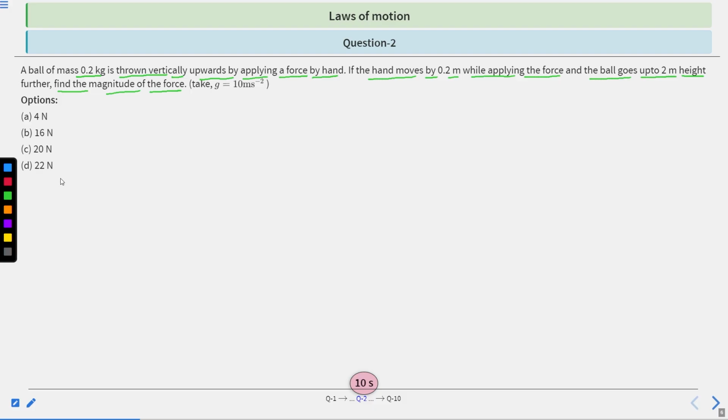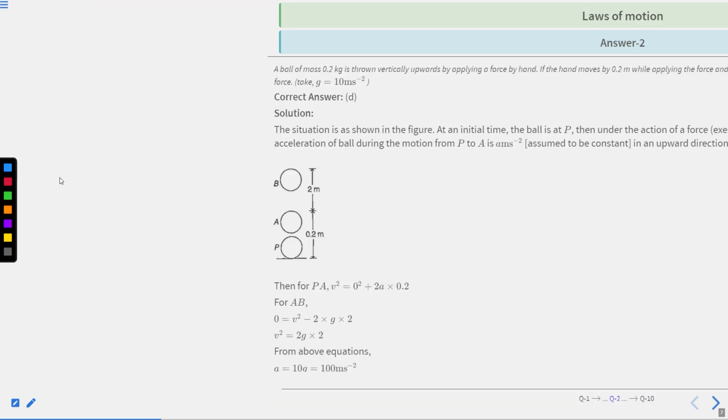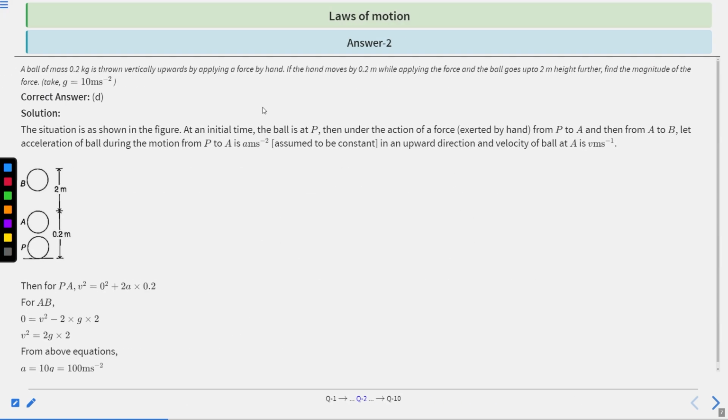Which one is correct? You have 10 seconds to solve this question. After that we will provide the solution. Let's find the solution. The situation is as shown in the figure.